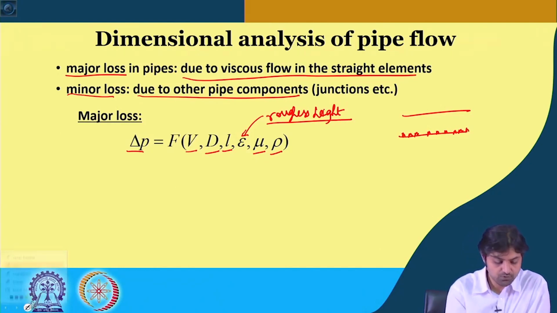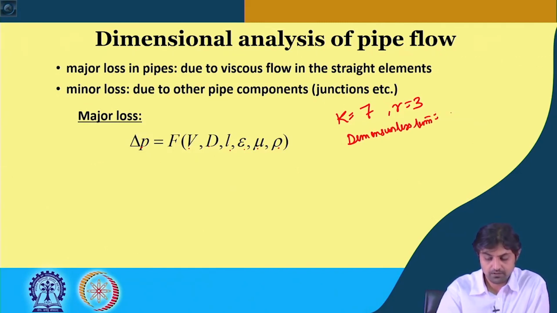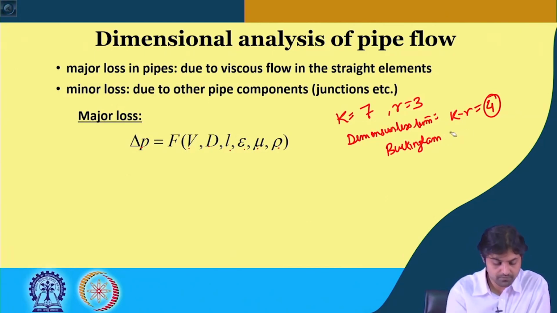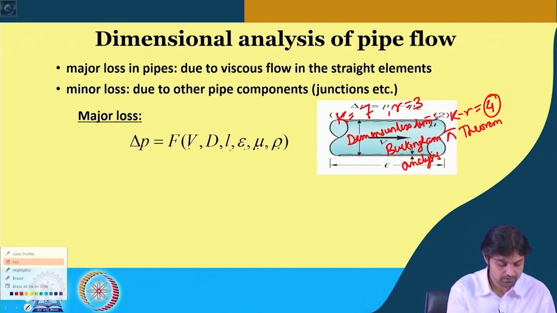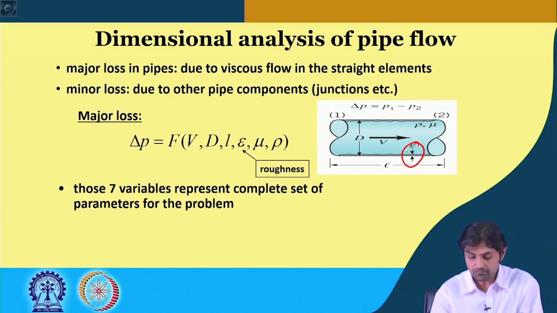All right. So if we do the dimensional analysis, then we first write down K, how many, 1, 2, 3, 4, 5, 6 and then 7, and R is 3. So how many dimensionless terms? K minus R, that is, we are going to get 4 dimensionless terms. If you do the Buckingham pi theorem analysis, we are going to get, as I said, the roughness element epsilon.